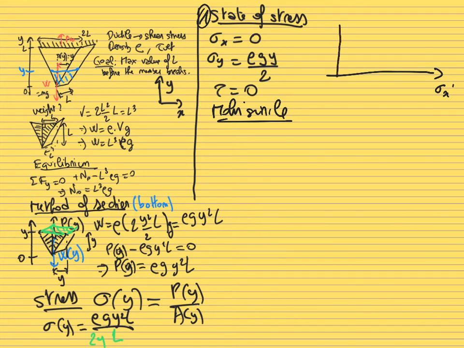By convention, we draw the y-axis as going down, so that a clockwise rotation of the axes will also correspond to a clockwise rotation on the Mohr circle.